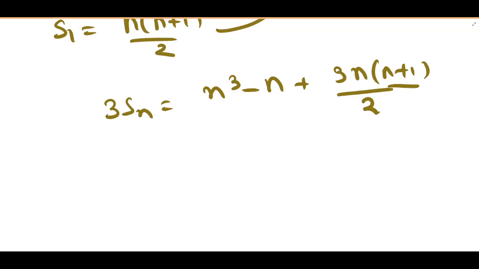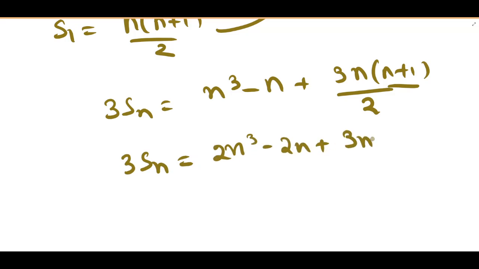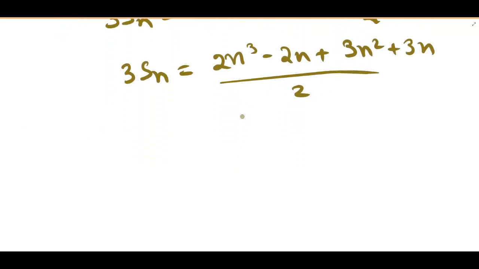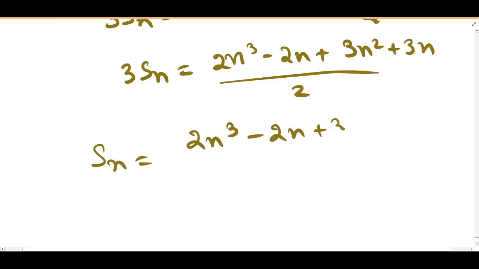So we have 3Sn equal to (2n cube minus 2n plus 3n square plus 3n) divided by 2. So Sn is equal to (2n cube minus 2n plus 3n square plus 3n) divided by 6.